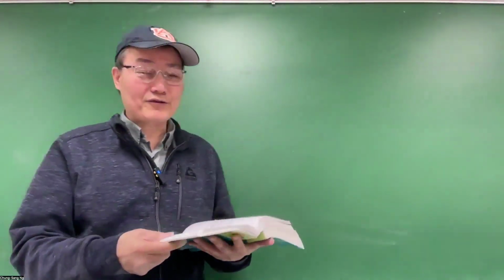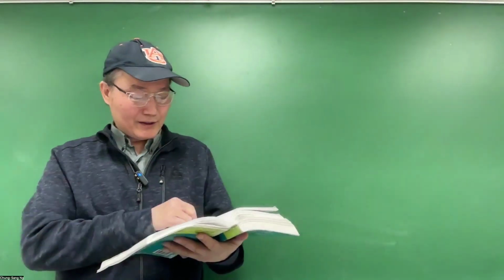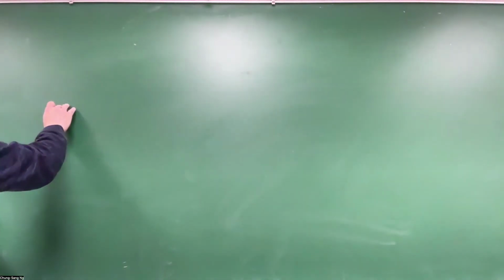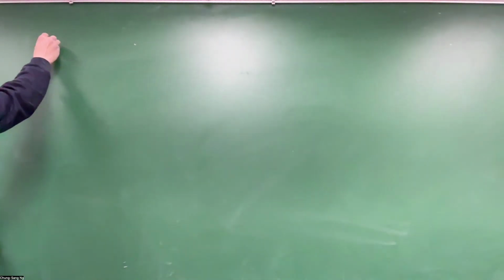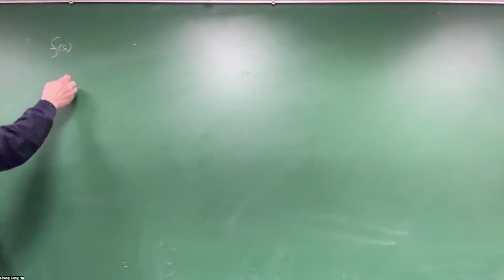Remember, that's two different translations. One is translation in the transform variable, the s, and this one is translation in the original variable. We start with what we should guess. So basically now you have the transform, the original transform f sub s.